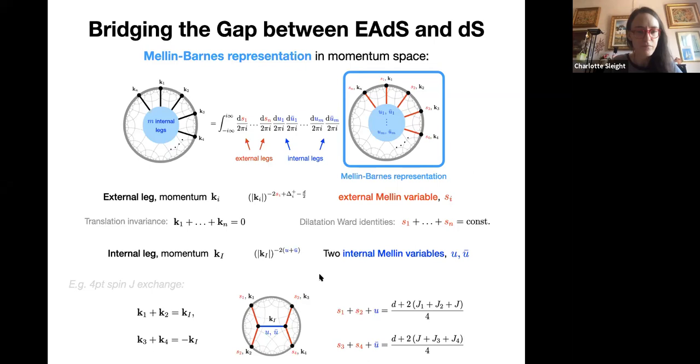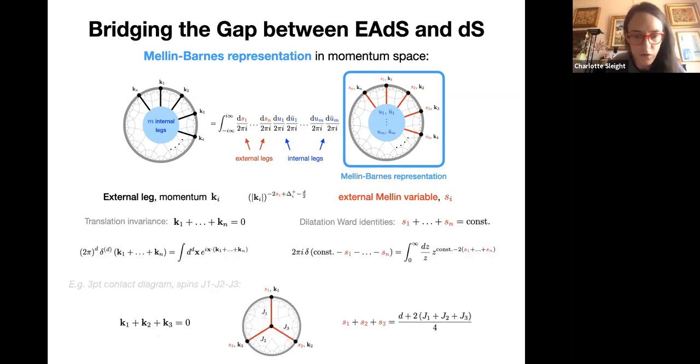Okay, so coming back to the Mellin representation, the components of the Mellin representation of an exchange. Just like how the exchange momentum k_i on the boundary is related to the external momenta, for momentum conservation at a cubic vertex, these internal Mellin variables u and ū are related to the external Mellin variables through the constraint that we saw previously for Mellin variables that are connected via a cubic vertex.